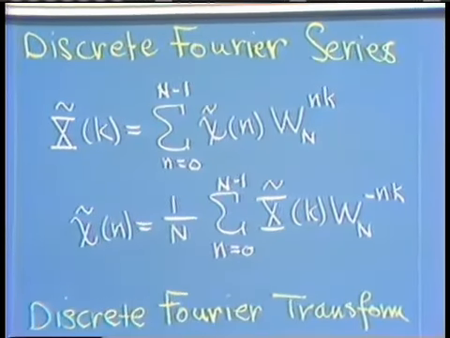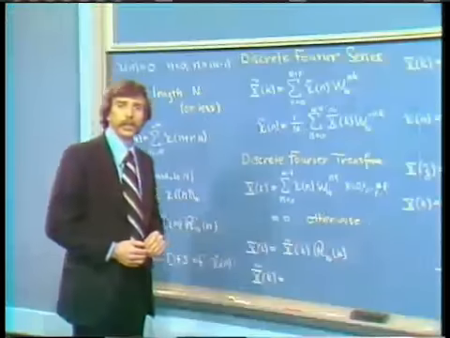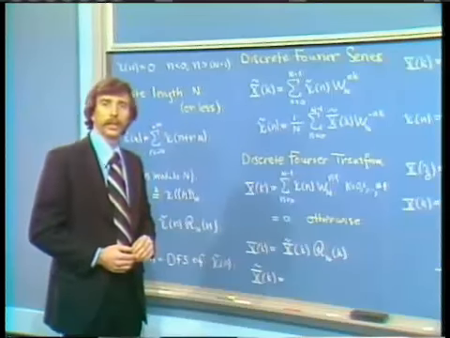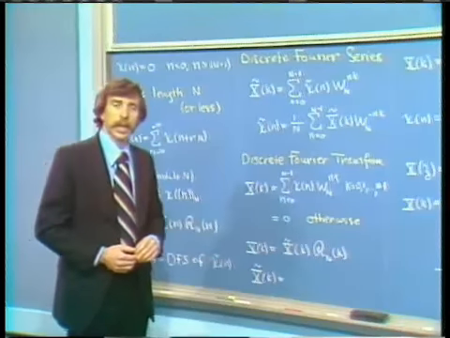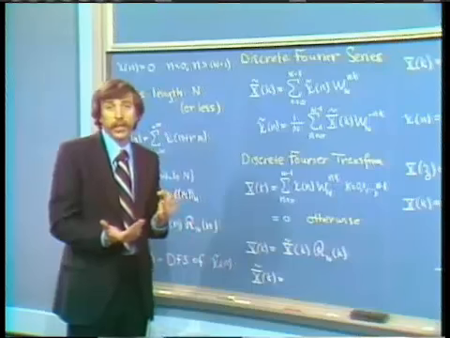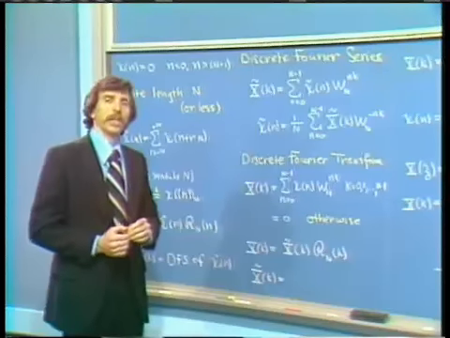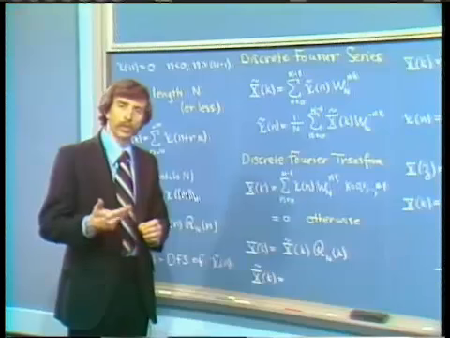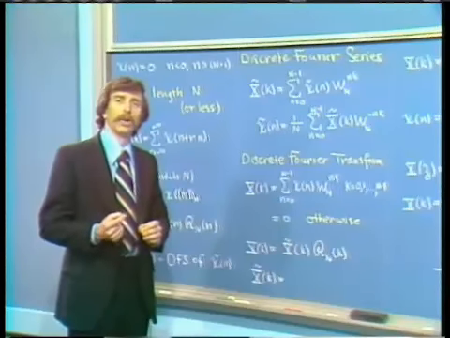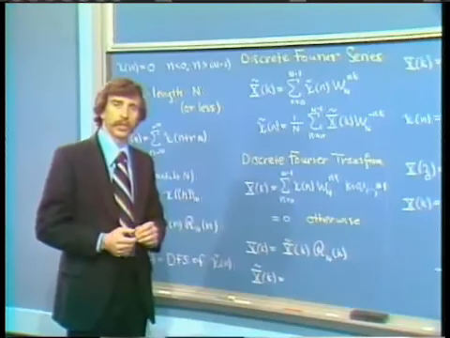Now, in this lecture, what we'd like to do is apply the idea of the discrete Fourier series and the similarity, or basically the equivalence, of finite length and periodic sequences to a Fourier series representation of finite length sequences.